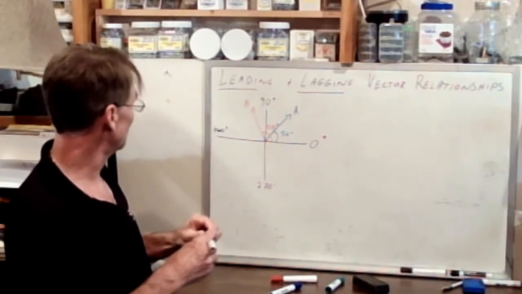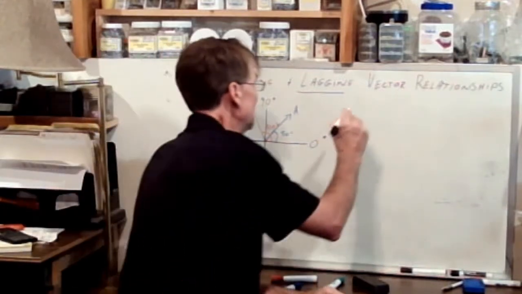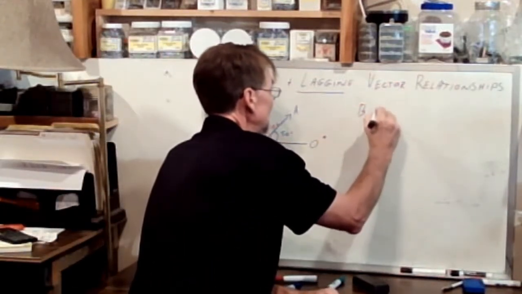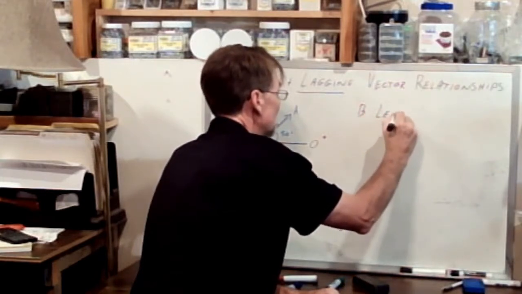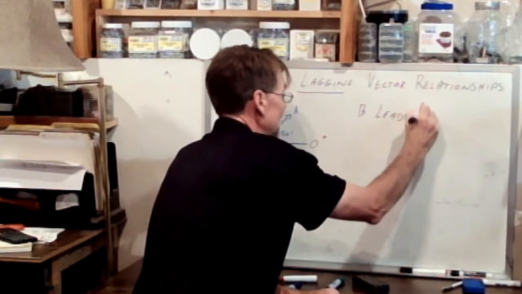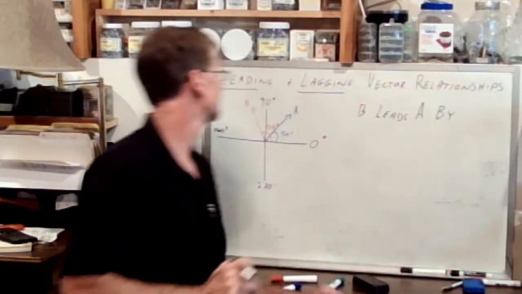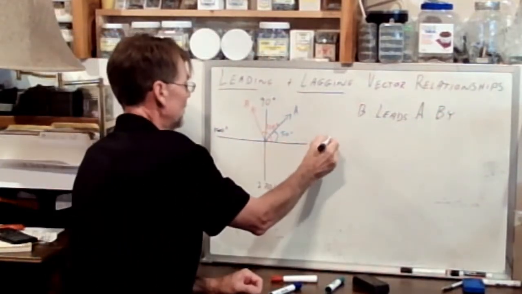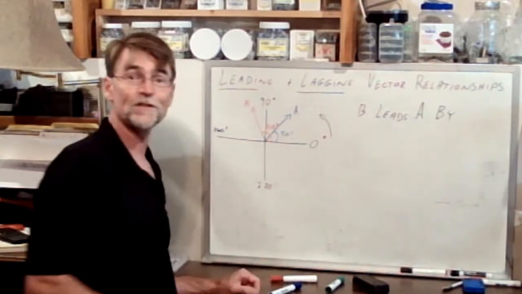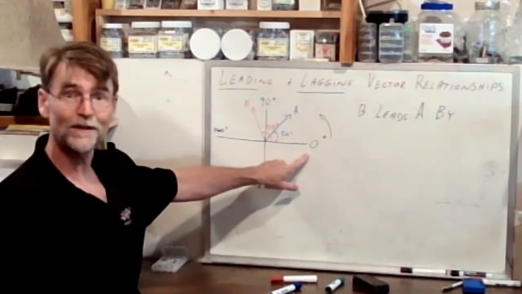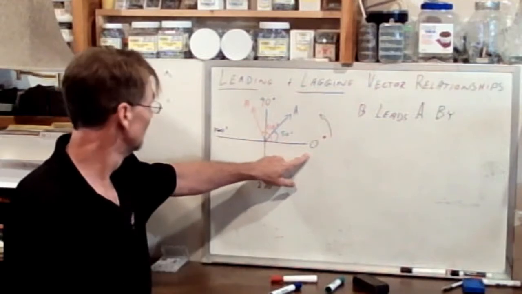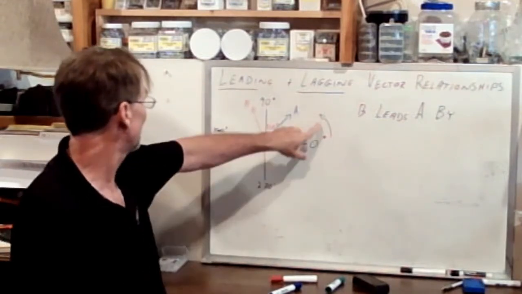The first statement I would like to make is that B leads A. By how much? Remember that this is forward direction, so this is a racetrack. This is the start-finish line, and we're running around the track.